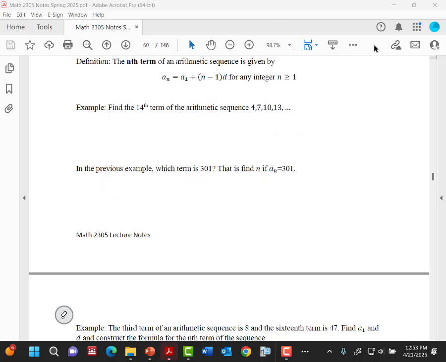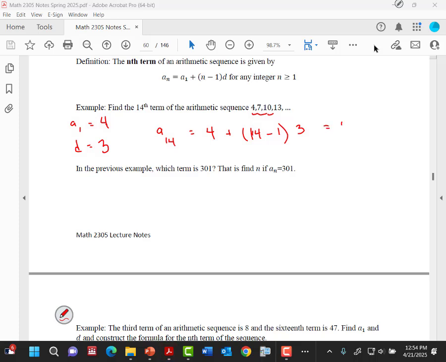Find the 14th term of this sequence. So fairly straightforward. I first need to notice that a1, the first term, is 4, and the common difference d is 3. So the 14th term is going to equal the first term, 4, plus 14 minus 1 times the common difference, d, in this case 3.